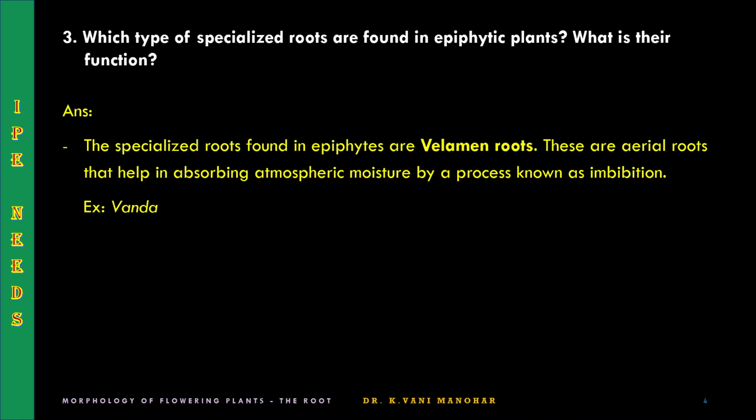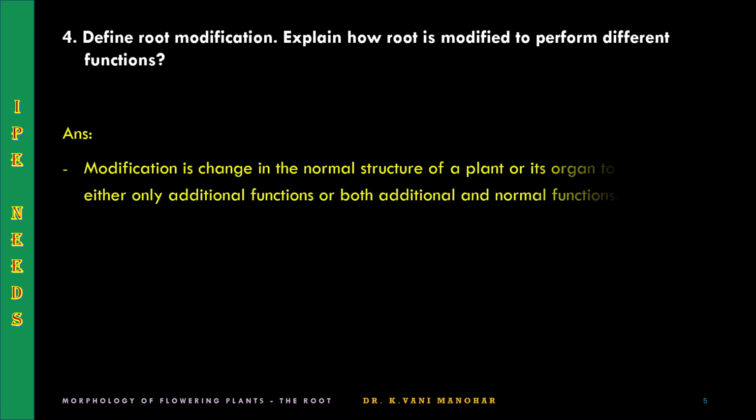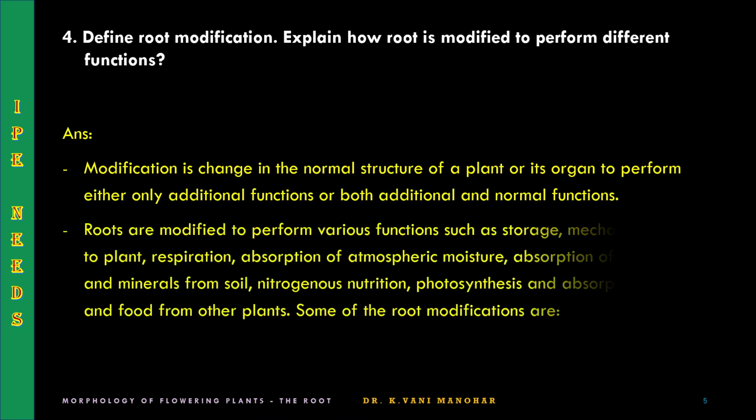Now, we shall look into the only long answer question that can be asked from root. Define root modification. Explain how root is modified to perform different functions. Answer: Modification is a change in the normal structure of a plant or its organ to perform either only additional functions or both additional and normal functions.